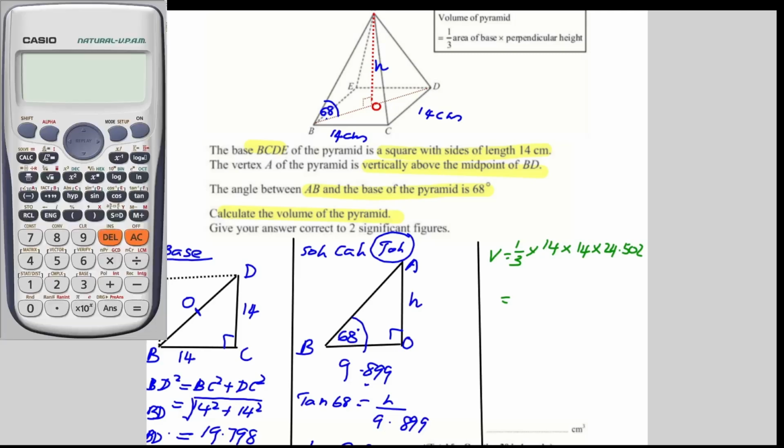Let's use the calculator: 1/3 into 14 into 14 into 24.502, which gives out 1607. Then the answer to two significant figures is 1600.